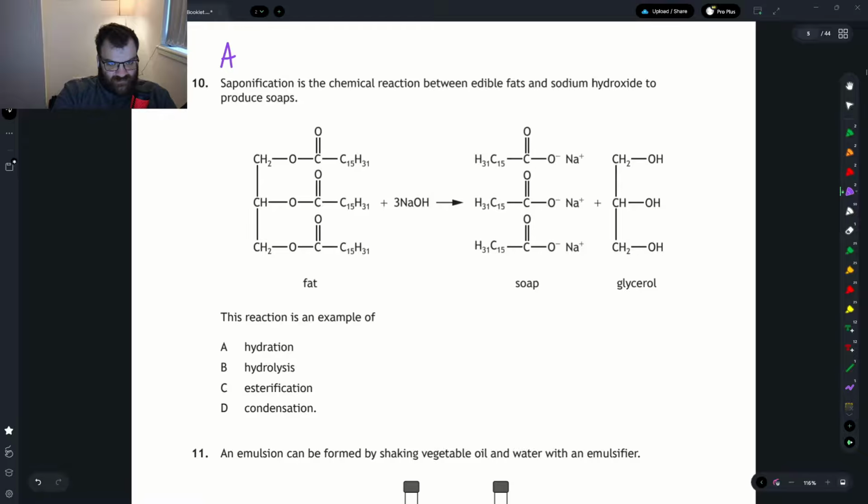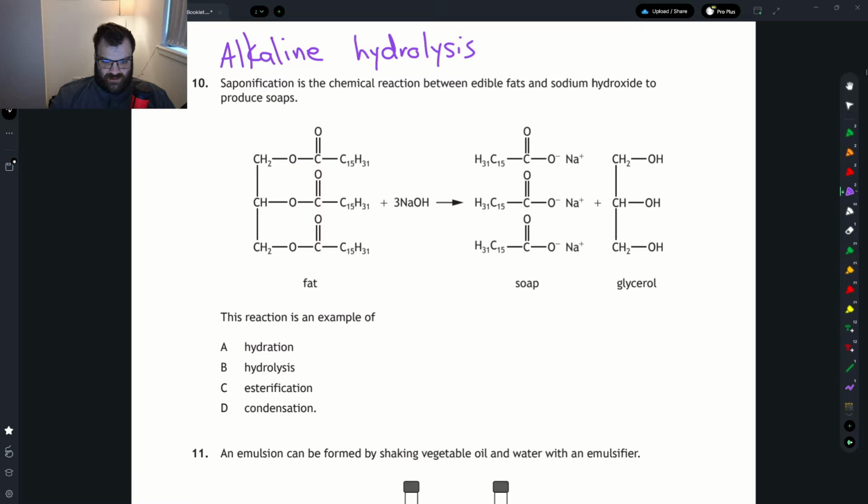Saponification is otherwise known as alkaline hydrolysis. And oh look, there's the options. So if it was hydration, that's when a C double bond breaks and water is added.